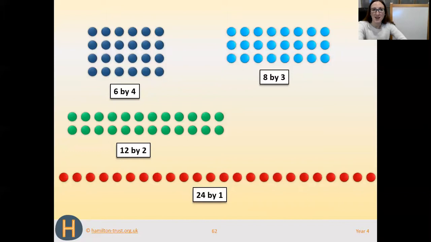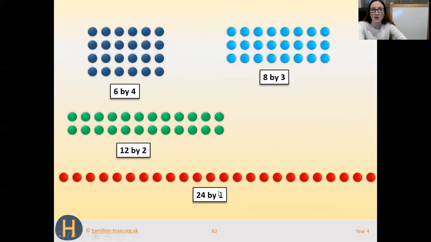And this way of representing numbers is also really helpful for us when we're thinking about factors. Because when we think about having 24 counters, we have found the factors of 24, the numbers that fit into 24 perfectly in these arrays.